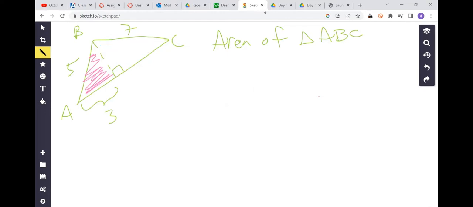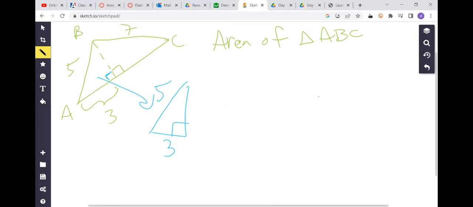So first, let's focus on the pink triangle. Why don't we draw the triangle down here? It looks like this. It's a 3, that's 90, and that's a 5. And I know it's 90 degrees because this is also 90 degrees right there, you see that in baby blue?